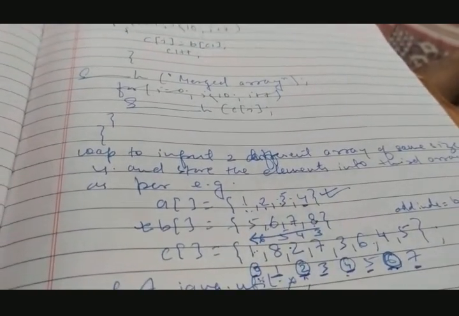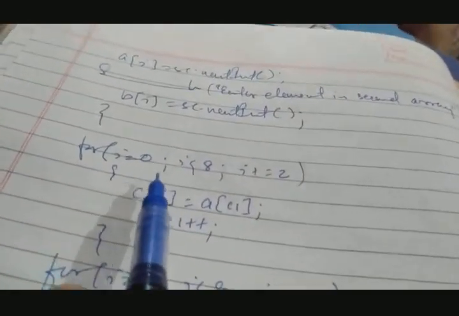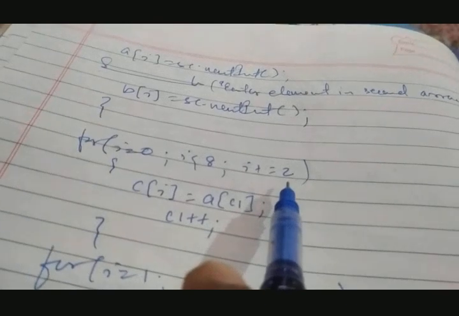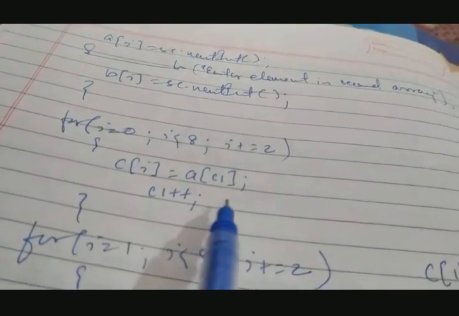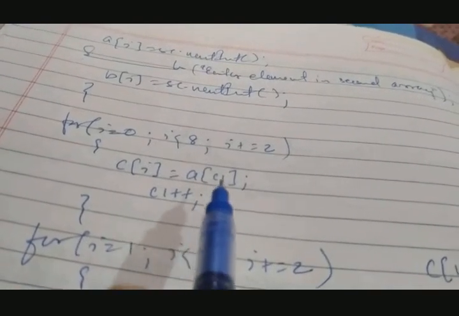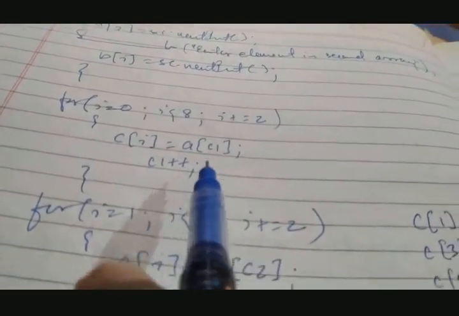We are storing A element, so it is I equals 0, I plus equals to 2, so it moves 2 steps, and you are storing element gradually 1 by 1 with the help of counter C1.